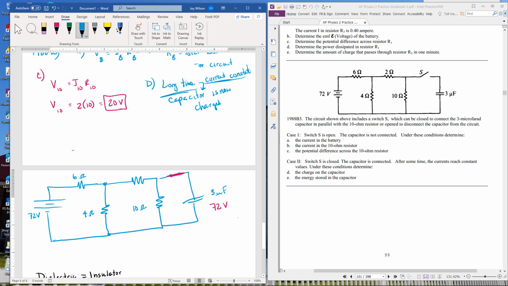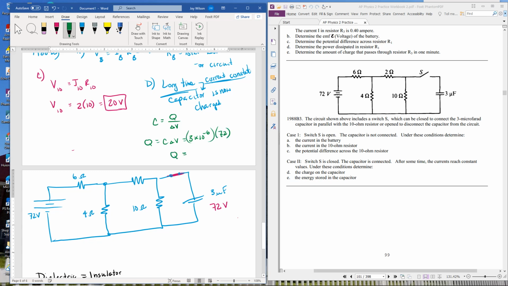So it's charged. What is the charge on the capacitor? Capacitance equals Q over V. So this is 3 times 10 to the negative 6th. Let me put it up here where I was going to write it. C equals Q over delta V. So Q equals C delta V, which is 3 times 10 to the negative 6th times 72.